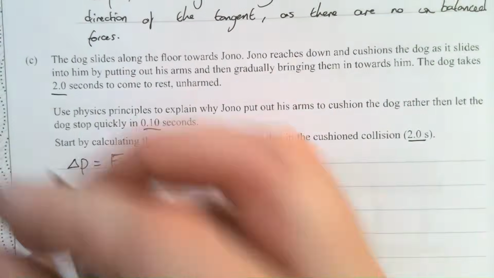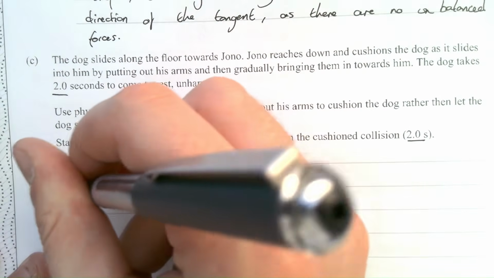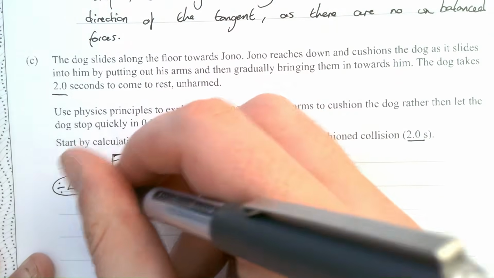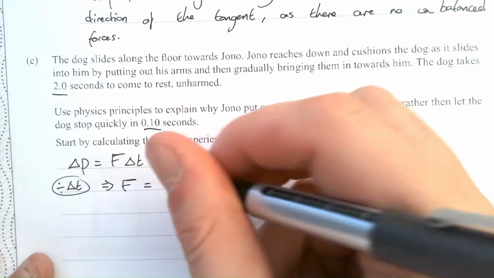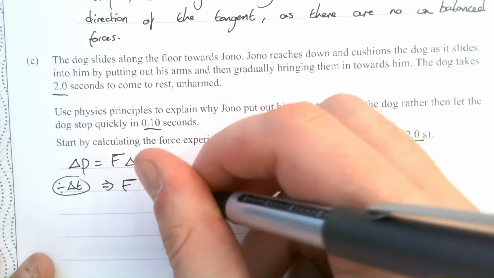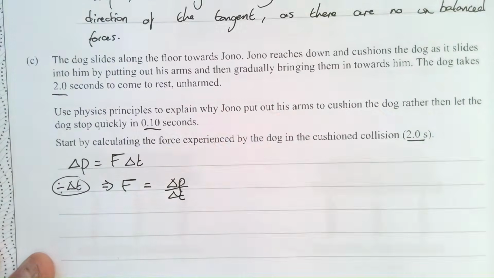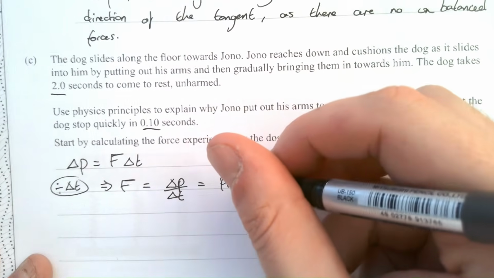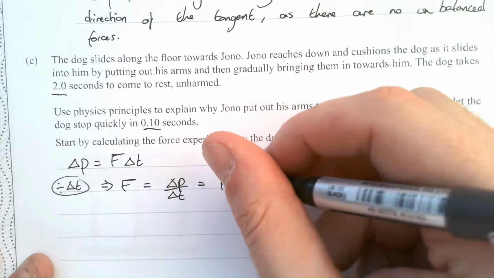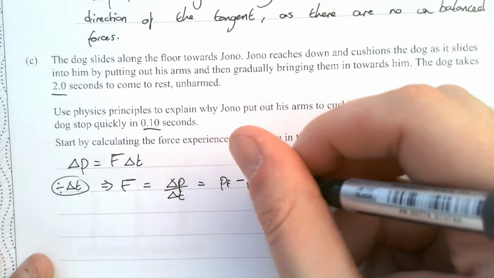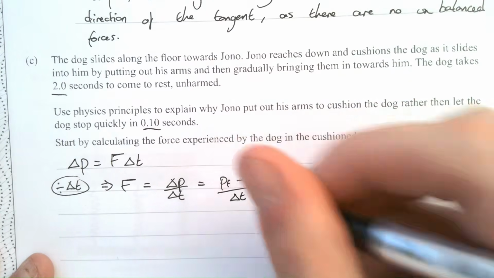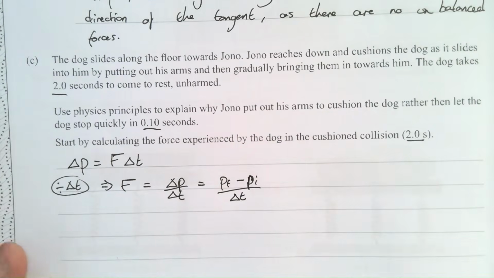In order to get force on its own, we're going to divide both sides by delta t, and that will give us force equal to delta p over delta t. Our delta p is our final momentum minus our initial momentum, divided by our change in time, the time elapsed, which in this case is going to be 2 seconds.